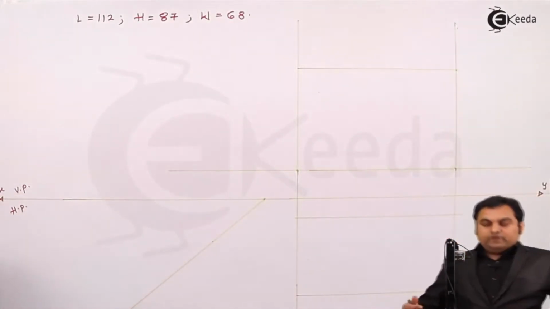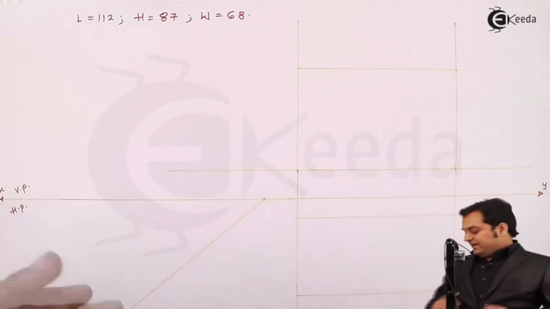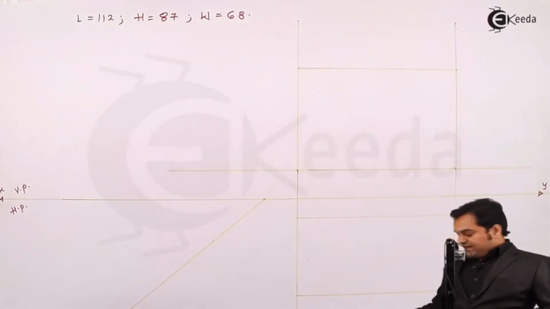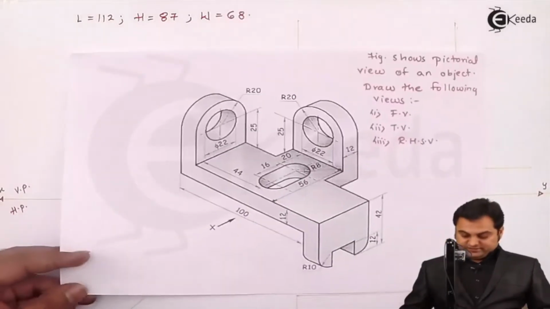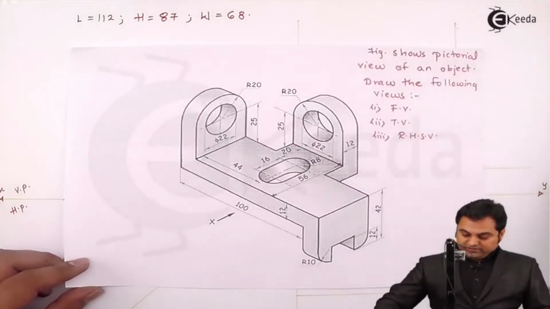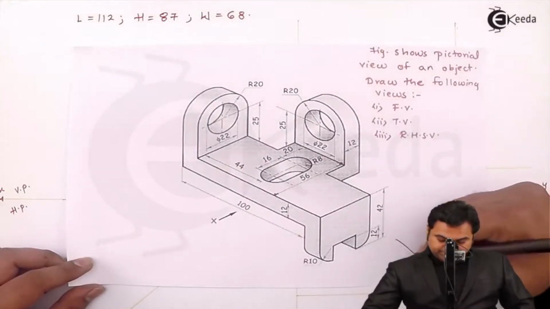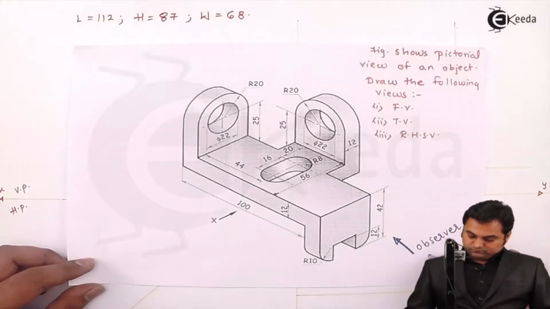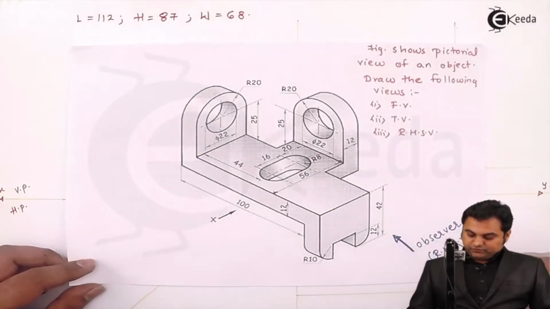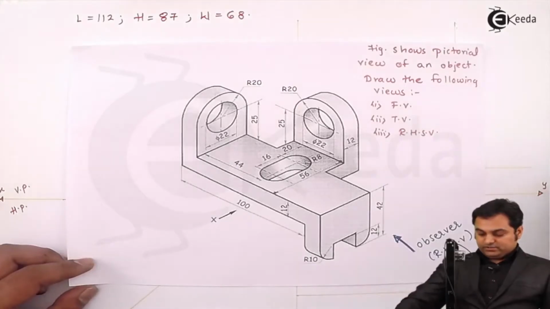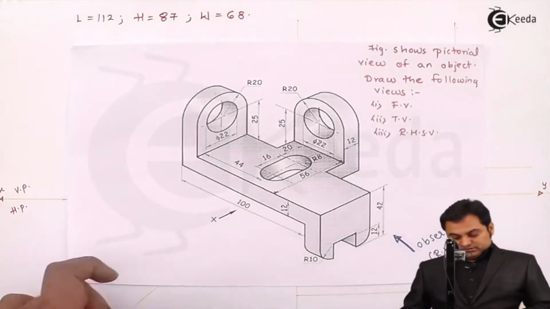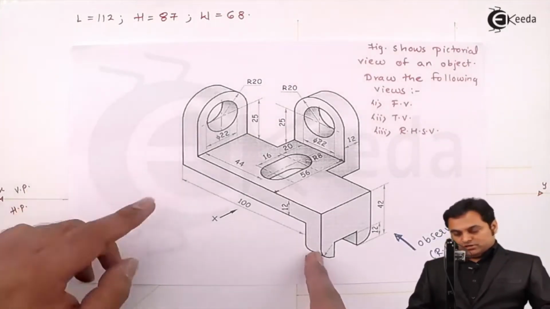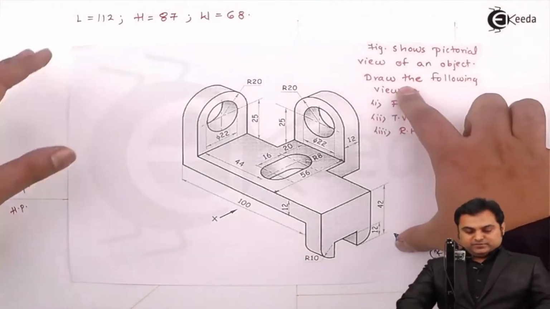Then when we are looking at any given object from the side, either right hand side or left hand side, as an observer on this side, the right hand side view will be drawn on the left hand side. From the side, the length of the object is not visible but width and height are visible.